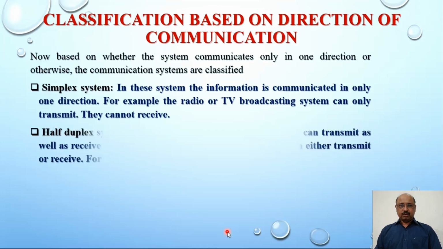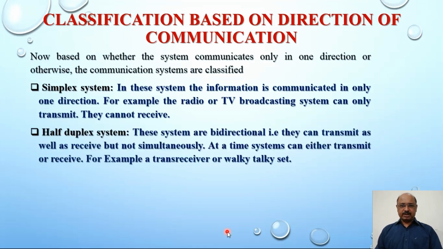Now, second is the half duplex system. These systems are bidirectional. That is, they can transmit as well as receive, but not simultaneously. At a time, the system can either transmit or receive.